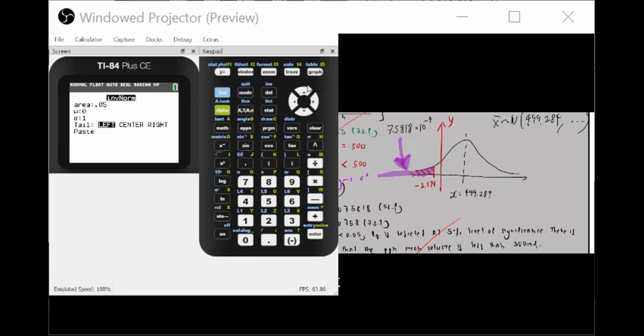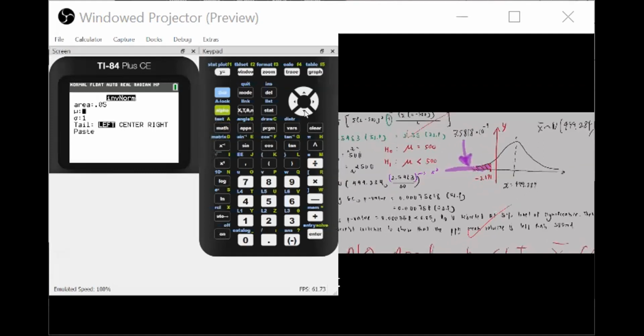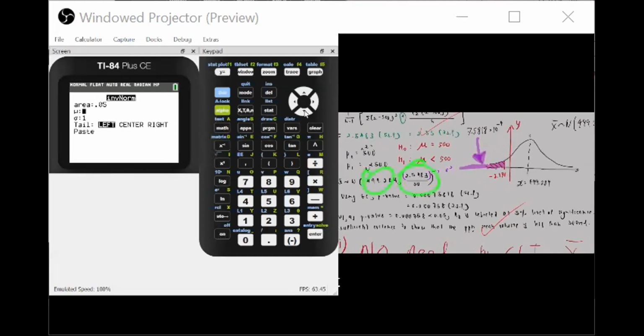But wait, what's my mu? What's my sigma? Since the GC can handle it, I can just key in my mu and my sigma directly. The mu in this case is 499.284, and then my sigma in this case, we're looking at this entire distribution here, so what we want is the square root of this entire thing, including the 50.